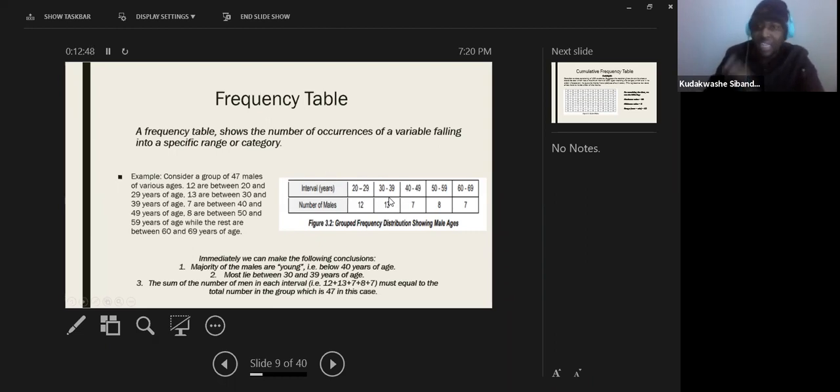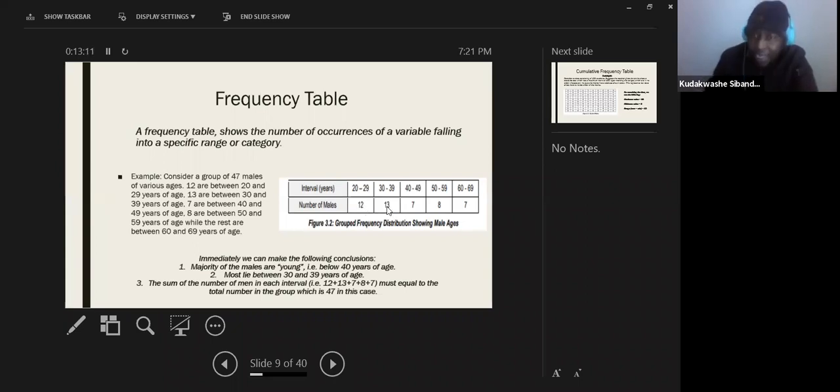Then 30 to 39, that's the second, and so forth. We come to find out that out of a group of 47 males, 12 have ages that lie within the range of 20 to 29. That's why 12 is written there. So the frequency of the interval 20 to 29 is 12. That's what frequency is all about.